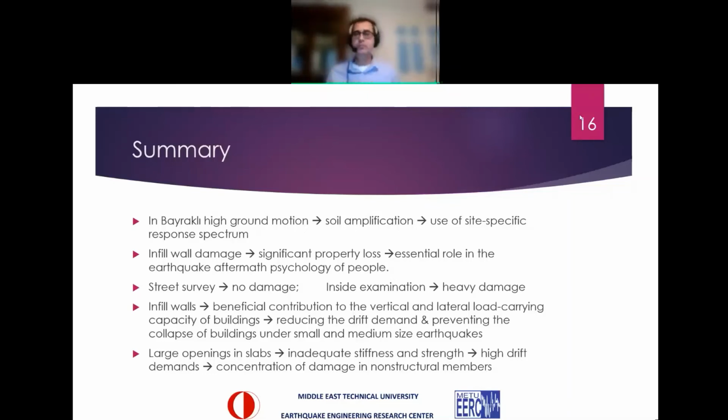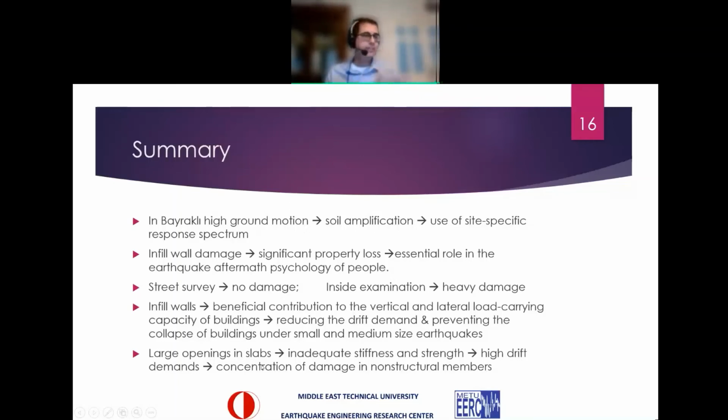As I said, in the Barış building complex, the infill walls may be beneficial, contributing to the vertical and lateral load carrying capacity of the building, which will reduce the drift demand and prevent the collapse of the building under small up to maybe medium-sized earthquakes.